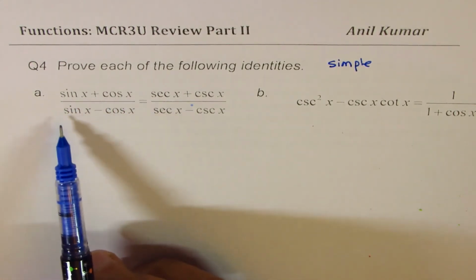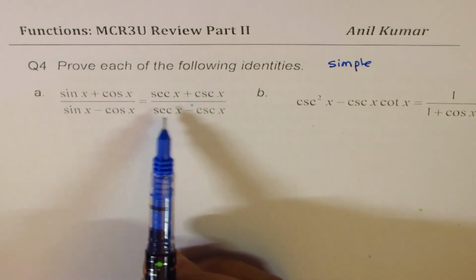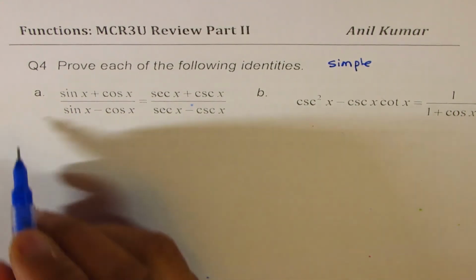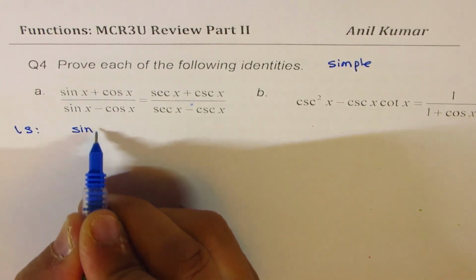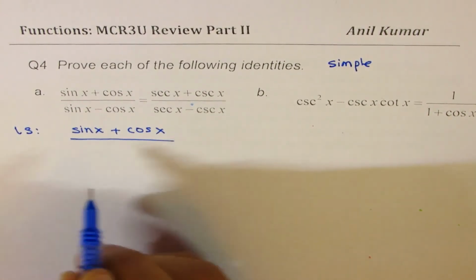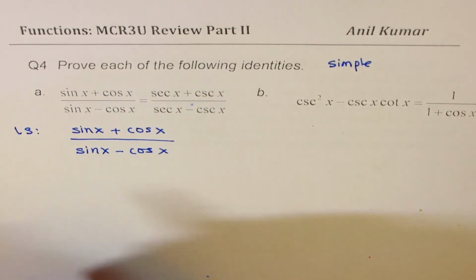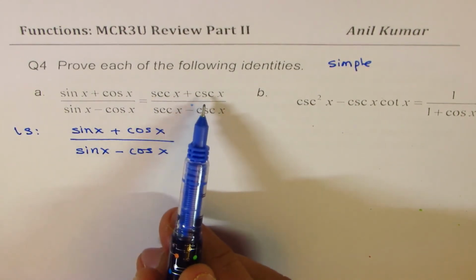Sin x plus cos x divided by sin x minus cos x equals secant x plus cosecant x divided by secant x minus cosecant x. What you can do is begin from the left side, which is sin x plus cos x divided by sin x minus cos x. Now we want to convert them into secant and cosecant.